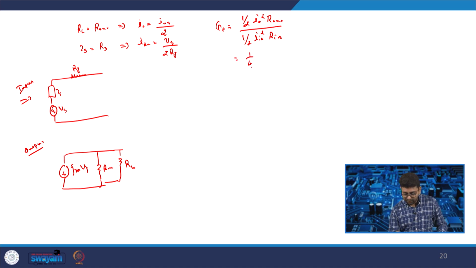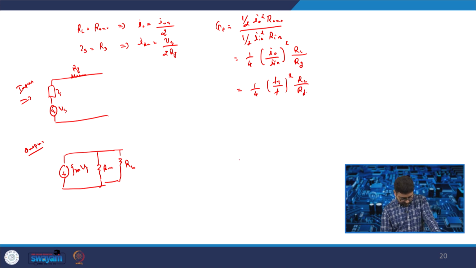So, we can write 1 by 4, IO by I in whole square, and you have R out which is RL. R out is equal to RL, R in is equal to RG. We already derived that this I out by I in we can also write as FT by F, whole square, times RL by RG. Here, for this power gain we should just put the RL and RG.